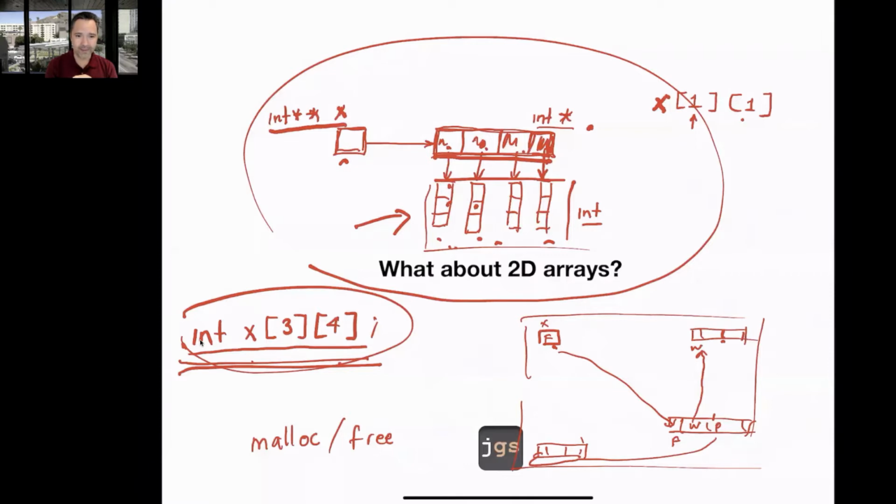Very good question. What happens if I do a free for this guy? If I only do the free for this guy, well, it's pointing to the first element here. Note that this is an array because the malloc is going to tell you the size. The only thing that the free is going to clean is all these elements, only these ones.